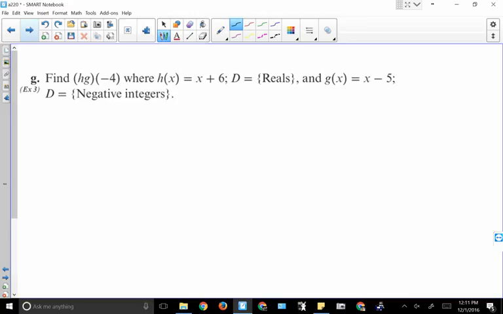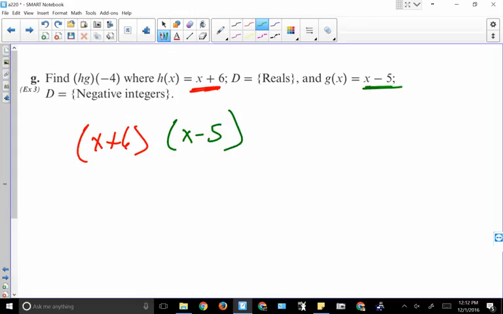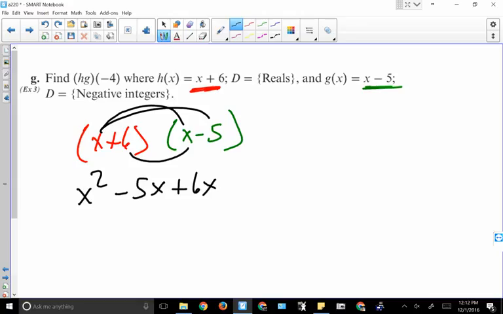Alrighty, I'll run through this one. So, h is here, parentheses, x plus 6. g is here, x minus 5. What operation is between these? Well, this is multiplication, so that means we do here, x squared minus 5x plus 6x minus 30.